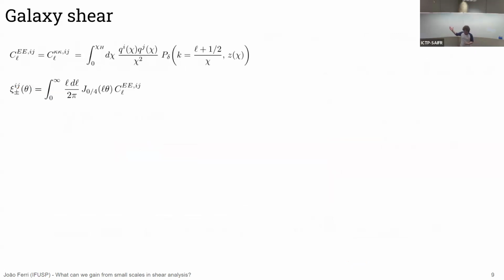That's the two things that I want you to remember. If you want to make a measurement in harmonic space or Fourier space, your theoretical object of interest is the CL, the power spectrum. And if you want to make your measurements in real space, then the theory is just a convolution of this power spectrum with these Bessel functions.